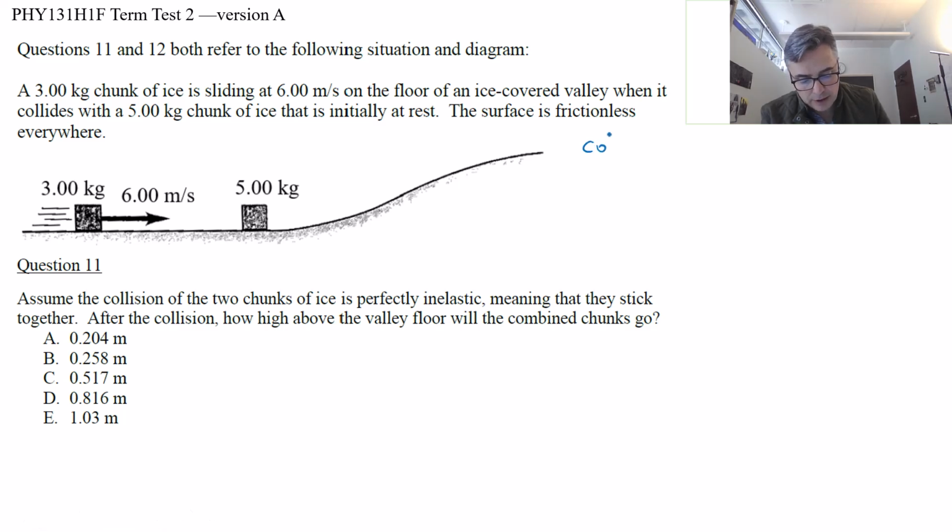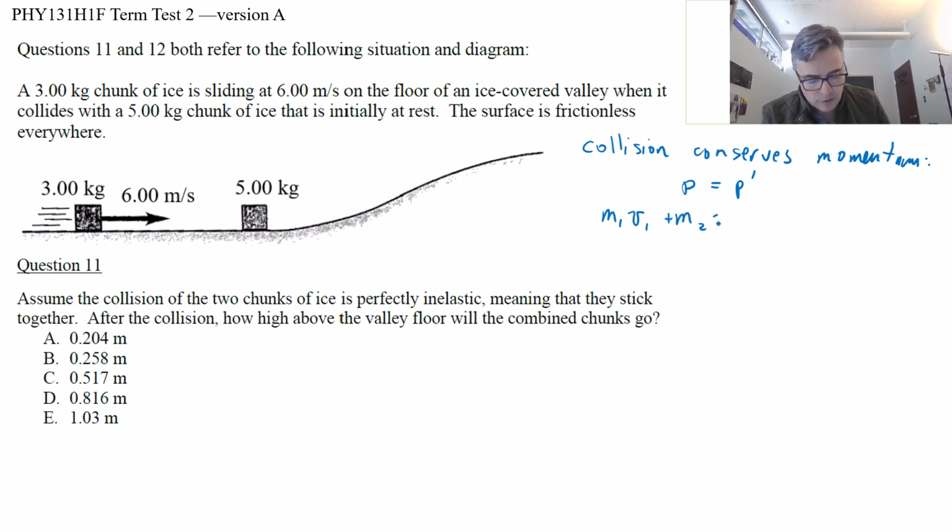So we have the collision, which conserves momentum. So you would say that p is equal to p prime. So p initial is m1 v1 plus m2 v2. And p final, they're stuck together, so it's m1 plus m2 times v prime, right after the collision.